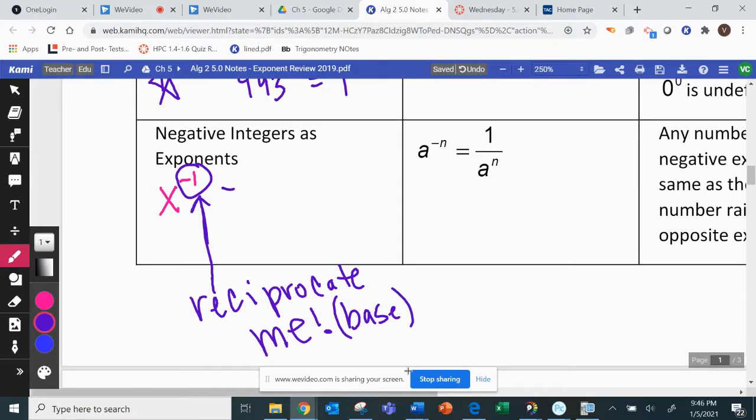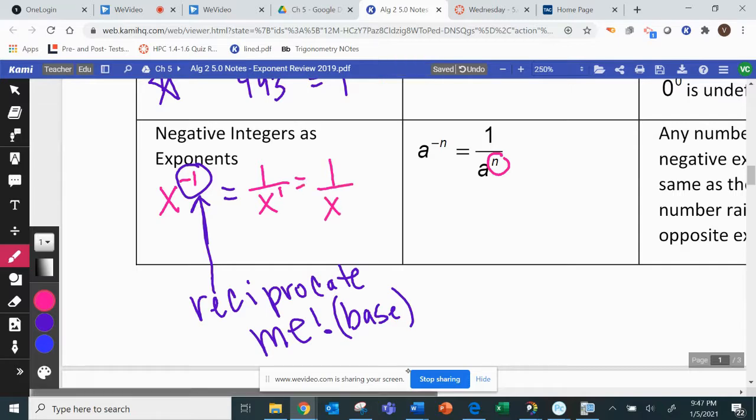So x to the negative 1 is the same thing as 1 over x. We reciprocate it. And you can see that example right here with a to the negative n. We do 1 over, and as soon as we do 1 over, that negative sign is gone. The n power does stay the same. So this is x to the first, but I don't really have to write the x to the first.